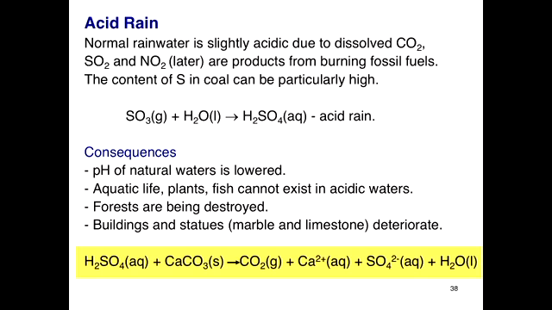So the pH of natural waters is lowered, and that can affect all of the aquatic life in the waters. It can have a bad effect on forests. In fact, a lot of forests in northern Europe have been wiped out by acid rain because the pH has dropped. Buildings and statues are also susceptible to sulphuric acid because they're made of things like calcium carbonate, and on exposure to acid, that can break down to carbon dioxide.